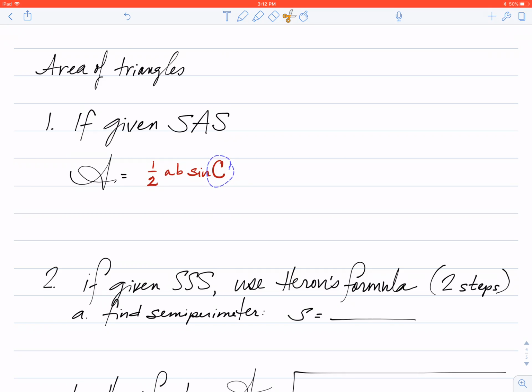And you say, why did you draw a fancy A over here? Simply because I did not want you to get that confused with my angle A. So the fancy A is more for the area of a triangle. Now, I'm not going to write all of the versions. Just understand that these are the two sides that I'm given, and this is the angle that's in between, regardless of what the letters are. So we'll be switching out those letters occasionally.